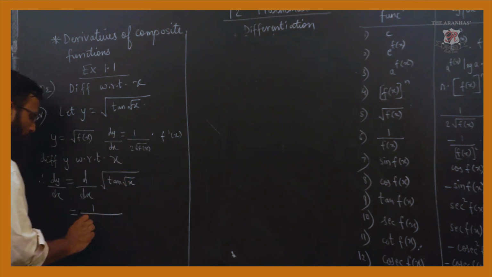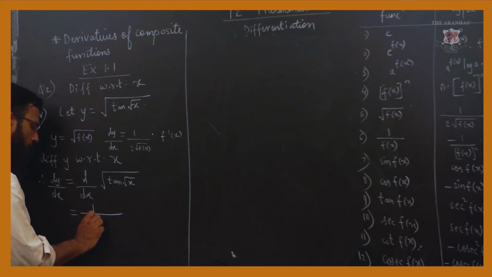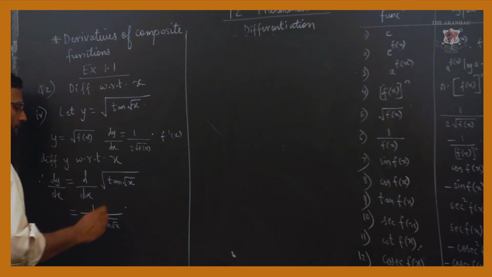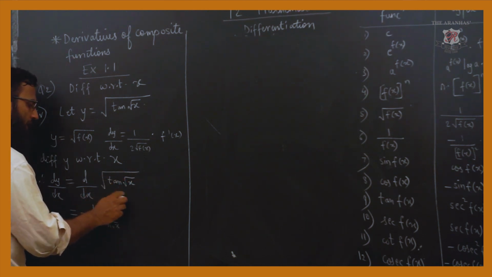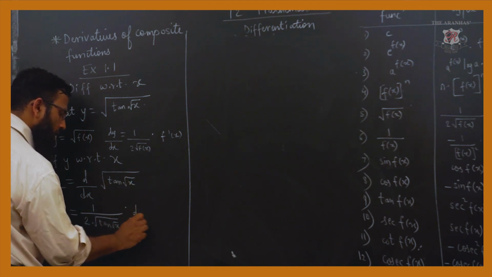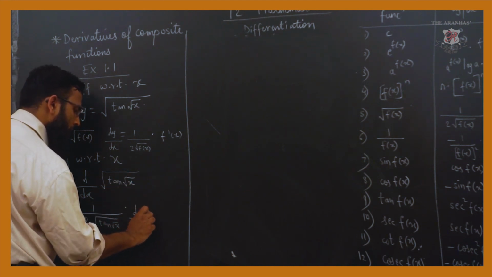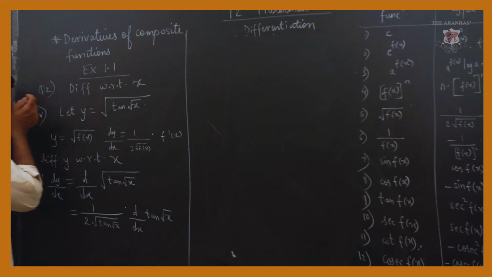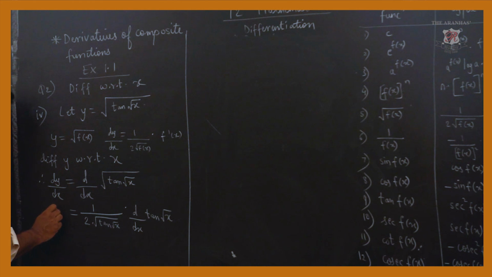So it will be 1 upon 2 root of tan root of x into, now my whole thing is f dash of x, so into d by dx of tan root of x. The problem doesn't end over here.